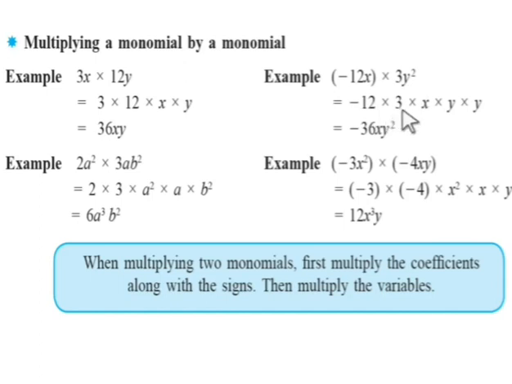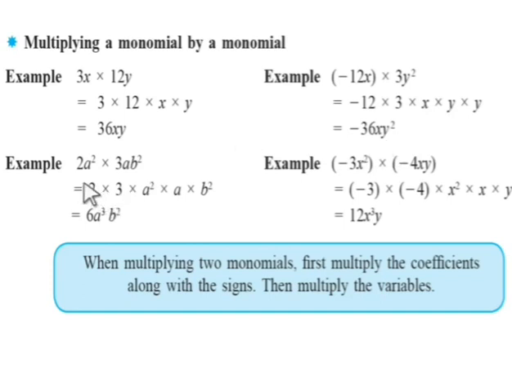So first we will multiply the coefficients of both the monomials and then we will write the variable part, that is x, and y square is y multiplied by y. Now negative 12 into 3 is negative 36. Then x into y square is xy square. So we will write here negative 36xy square.